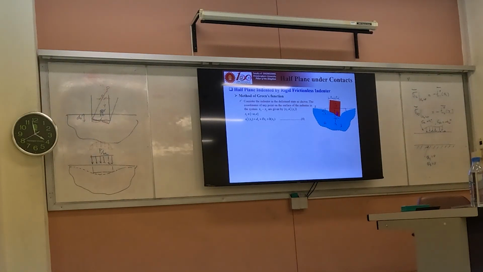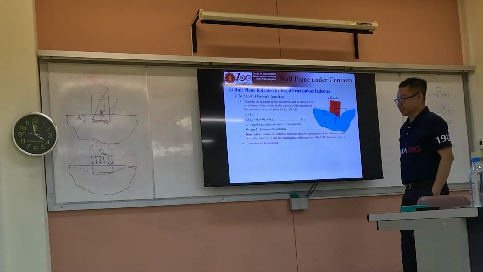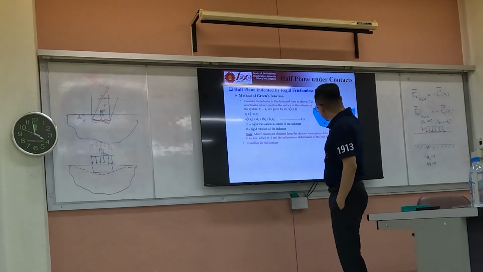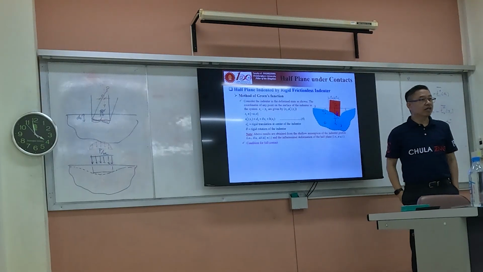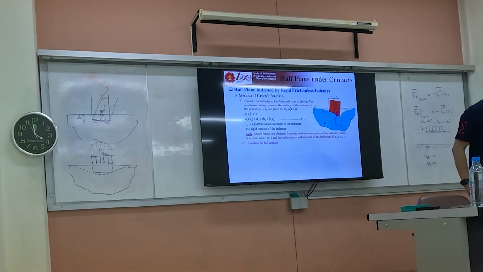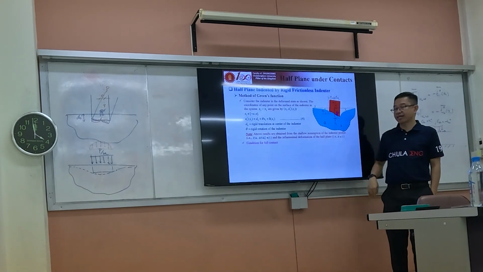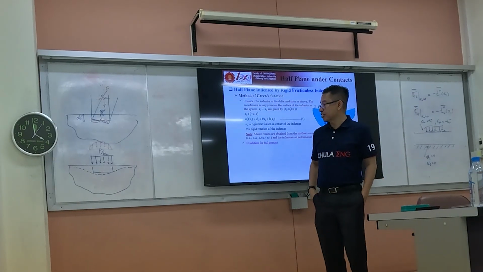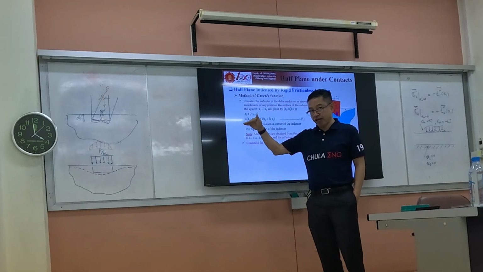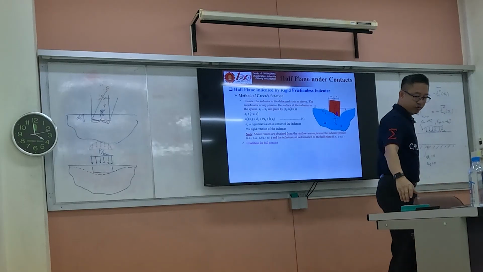Now, I need to enforce the condition for full contact over the contact length, minus A to A, to ensure that we don't have a gap, to ensure that we don't have overlapping of the material over the contact length. I need to force the condition that U2HP and U2I have to be identical, right?